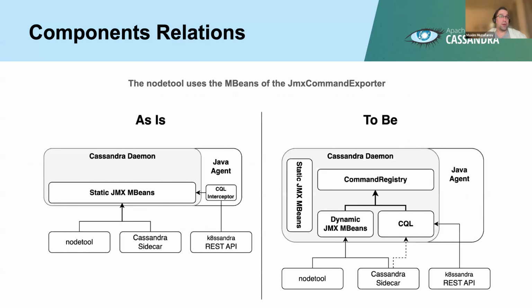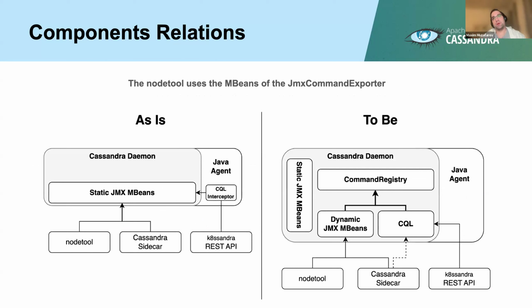So how will it look from a high-level perspective? Right now we have nodetool, which is basically a wrapper on a JMX client. It calls the JMX MBeans that are available on the node side, and fires a command there. So we will slightly change it.